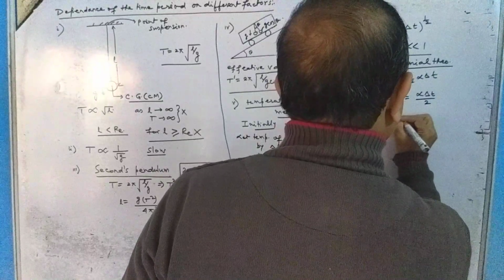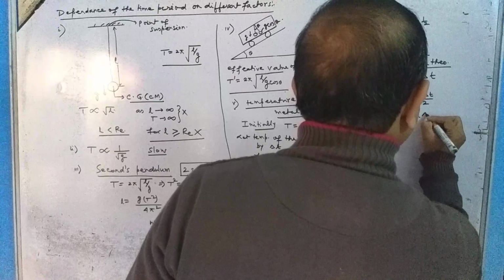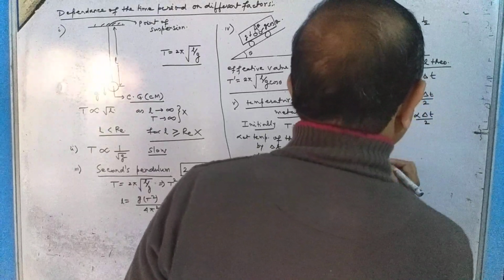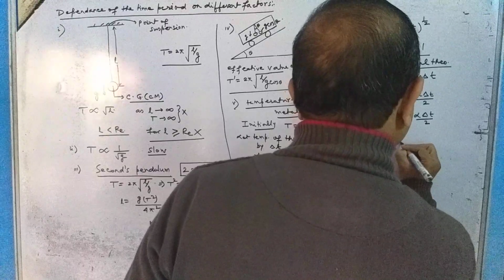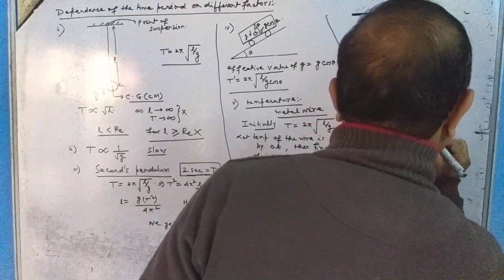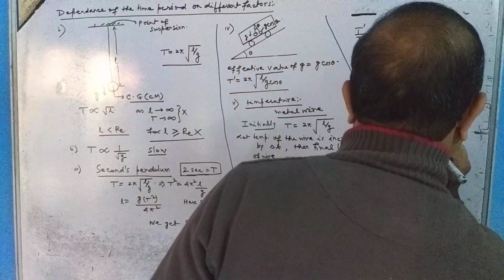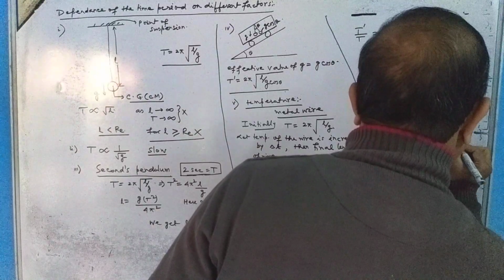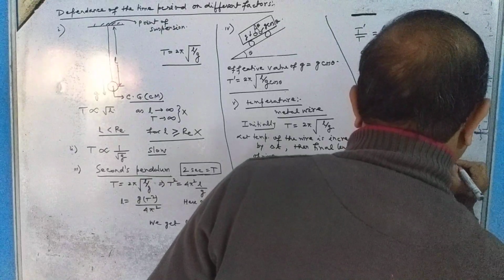T dash minus T by T is equal to alpha delta T by 2, and multiplying with 100, T dash minus T by T into 100 is equal to alpha delta T by 2 into 100, which is 50 alpha delta T.